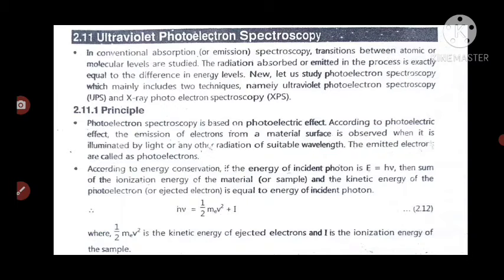So the radiation is incident on the material surface, and radiation of suitable wavelength matches the surface electrons, which are emitted from the material surface. This phenomenon is considered as the photoelectric effect.